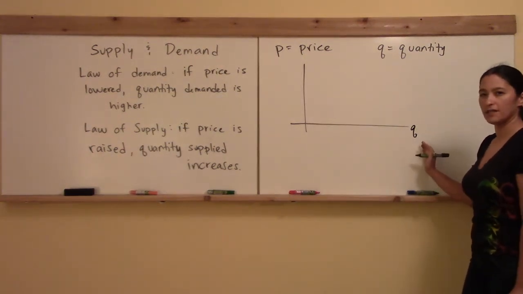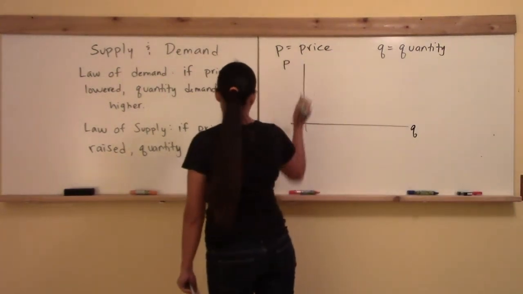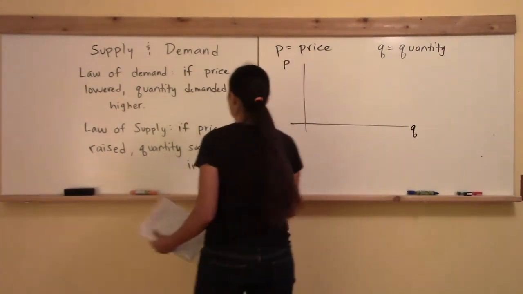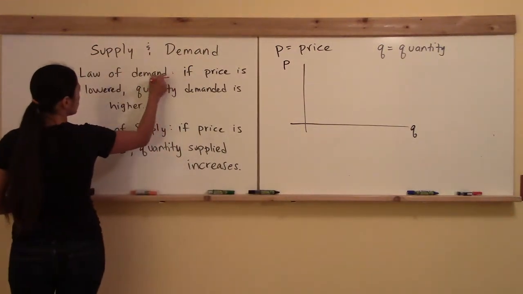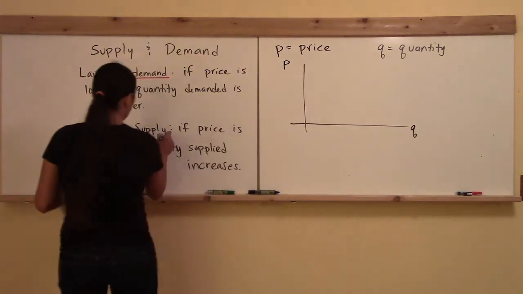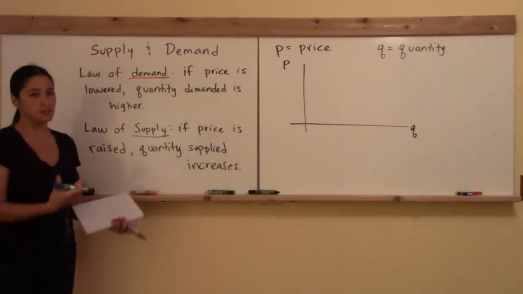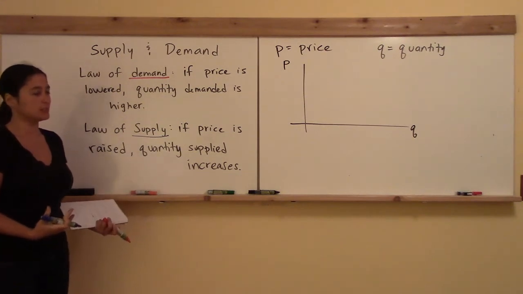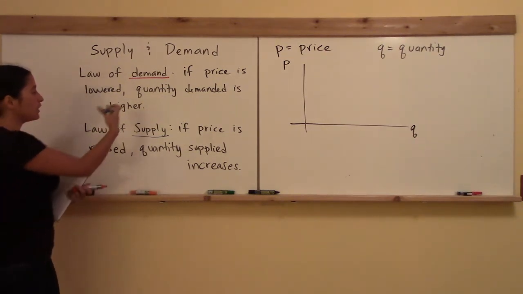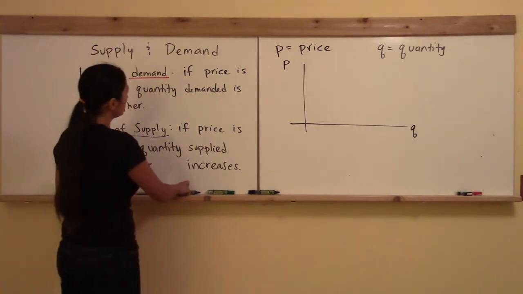So where I usually have the X-axis, I'm going to put a Q, and then over here I'm going to graph the price, and I'm going to graph each one of these in a different color. I'm going to graph the demand in red, and I'm going to graph the supply function in blue. And oftentimes these two functions are both stated as linear functions, so the price as a function of quantity is linear, okay?